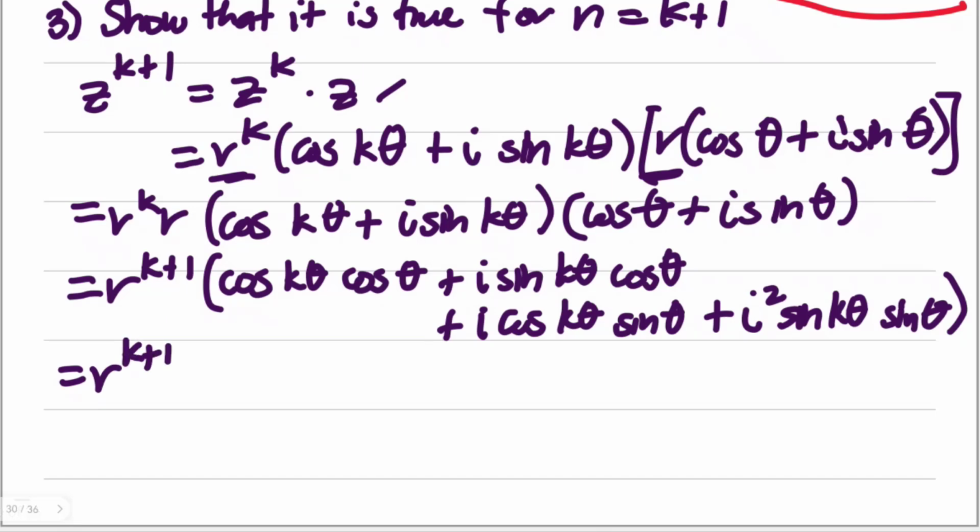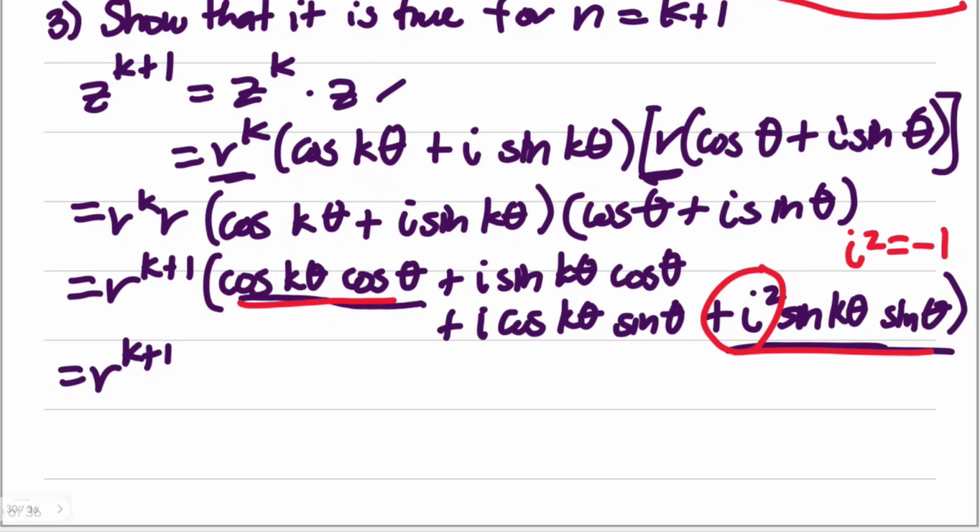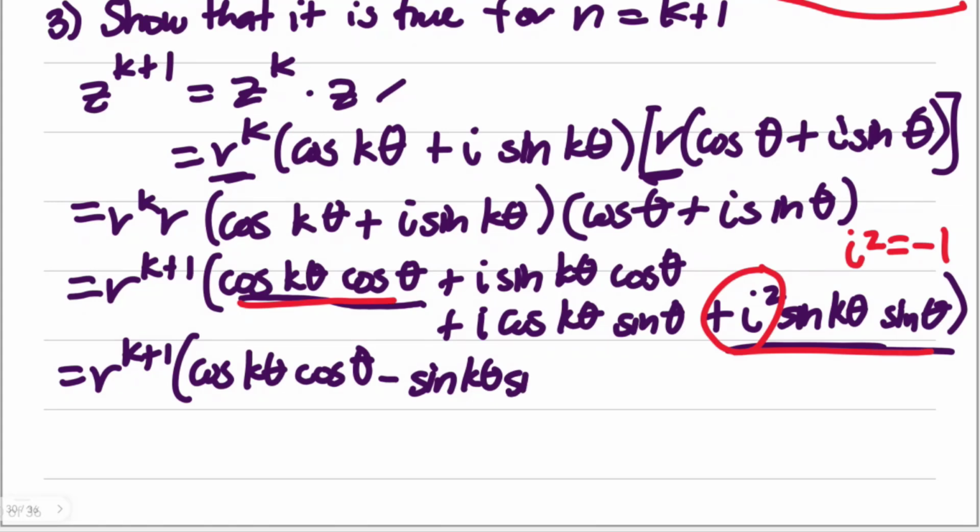So again, when you try to look into this perspective and this one here, okay, the first and the last terms, take note that we have here i squared. i squared is equal to negative 1. So plus negative 1, so minus. So you will have the form here, cosine k theta cosine theta minus sine k theta sine theta.